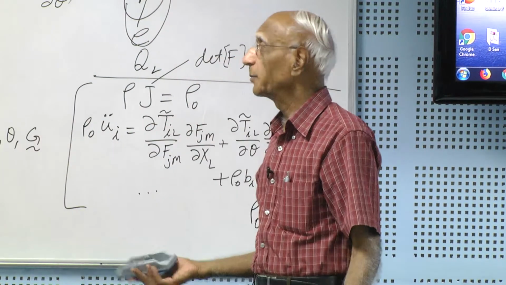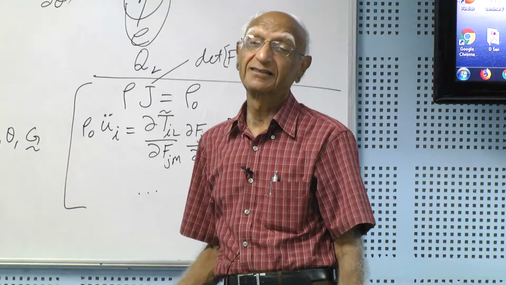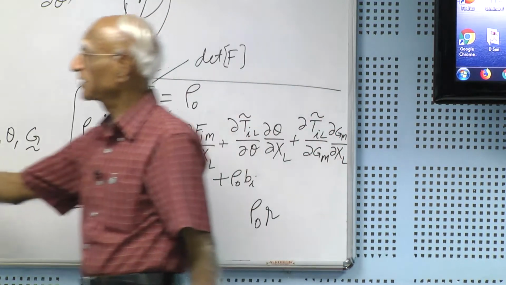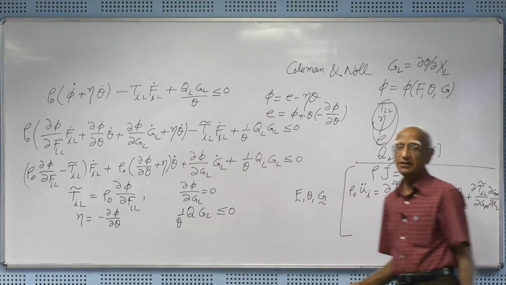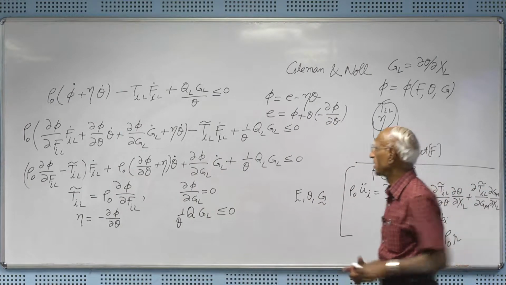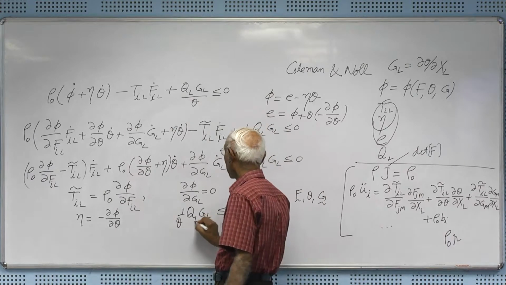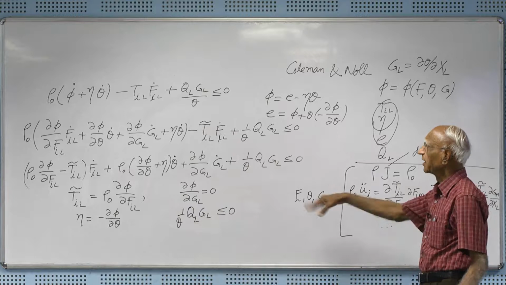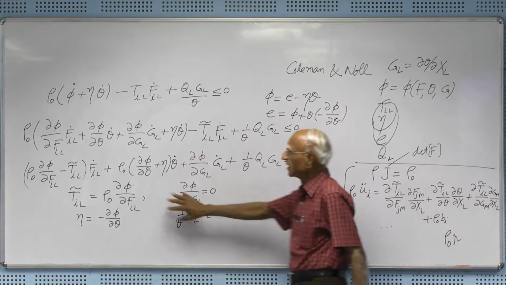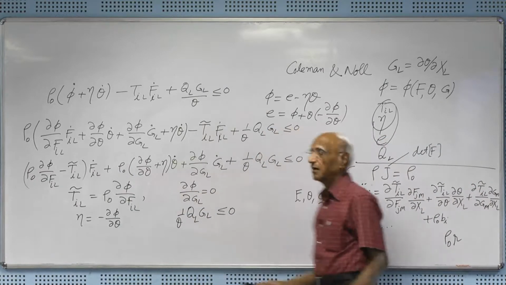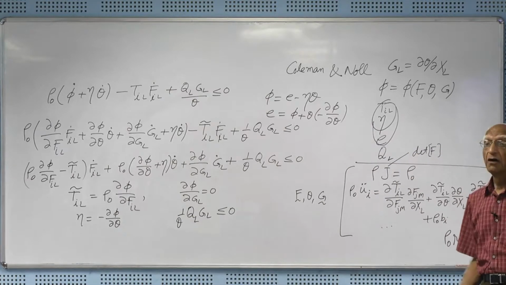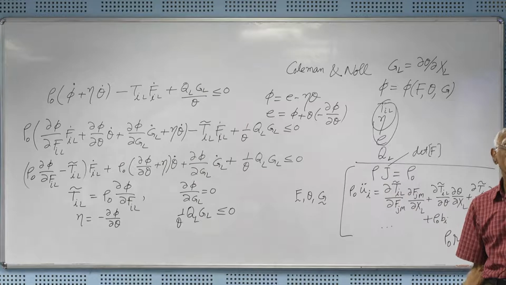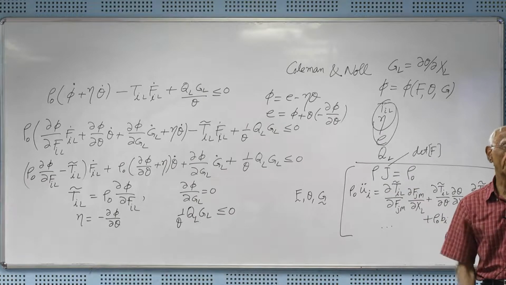We are not done yet because we still have to find this phi. Okay, so now let's see what this one gives. Oh, I forgot here, QL GL is less than or equal to 0. So I will first work with this, and then we will see how we can simplify phi further so that we have to do fewer experiments.